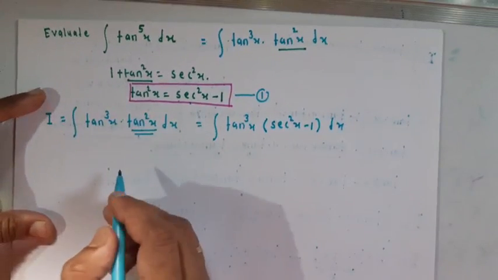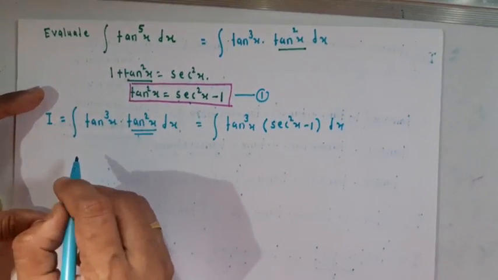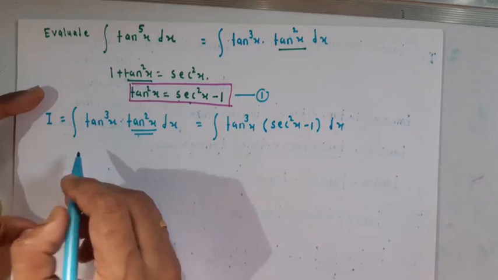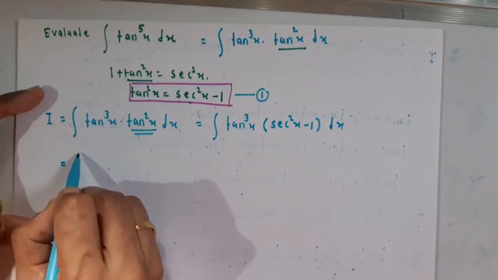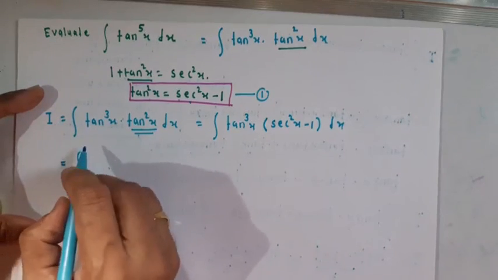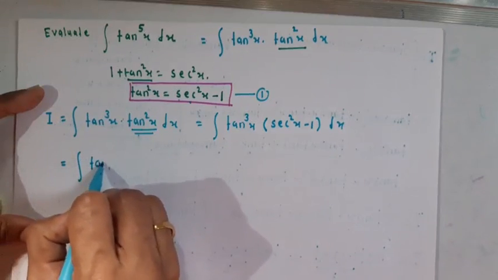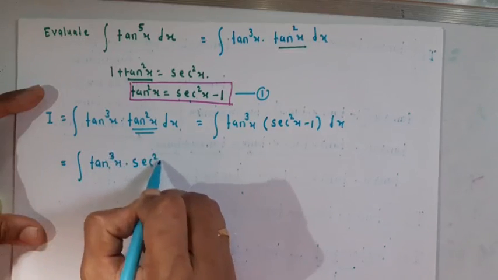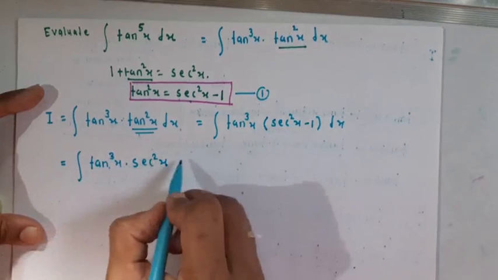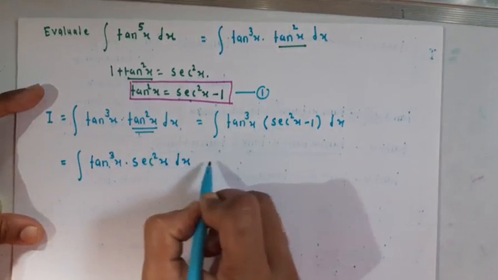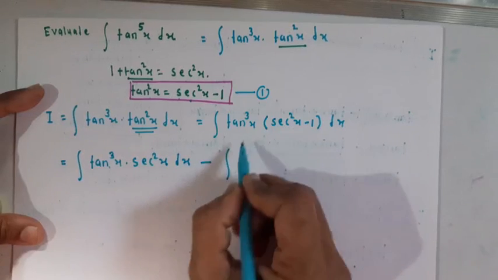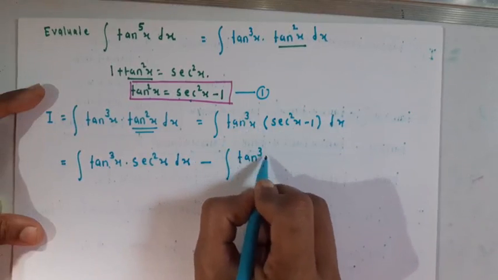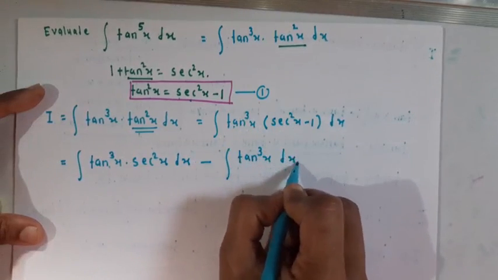Now we have tan cube x into sec square of x, and also take the integration separately, minus the integration of tan cube x into 1, that is tan cube of x with respect to x.